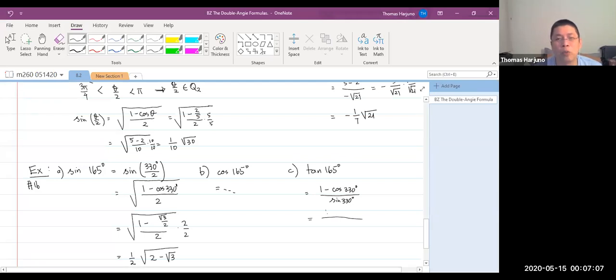This is 1 minus radical 3 over 2 over negative 1/2. Multiply the top and the bottom by 2. Get 2 minus radical 3 over negative 1, or simply radical 3 minus 2.